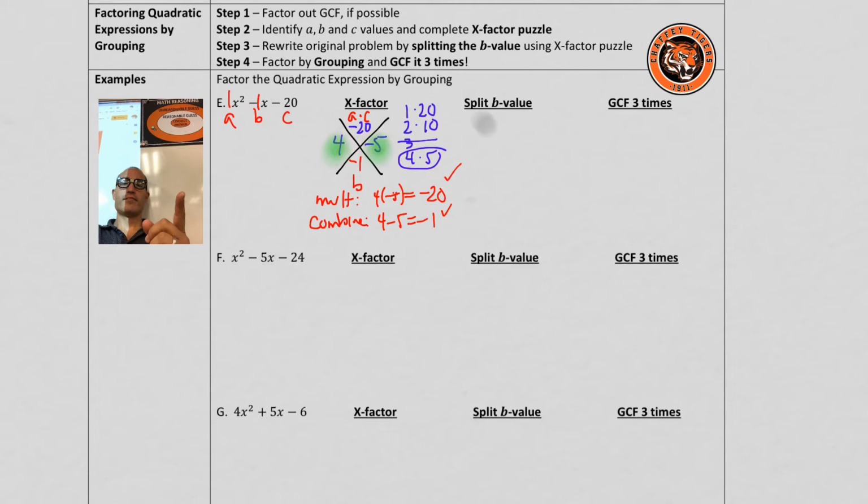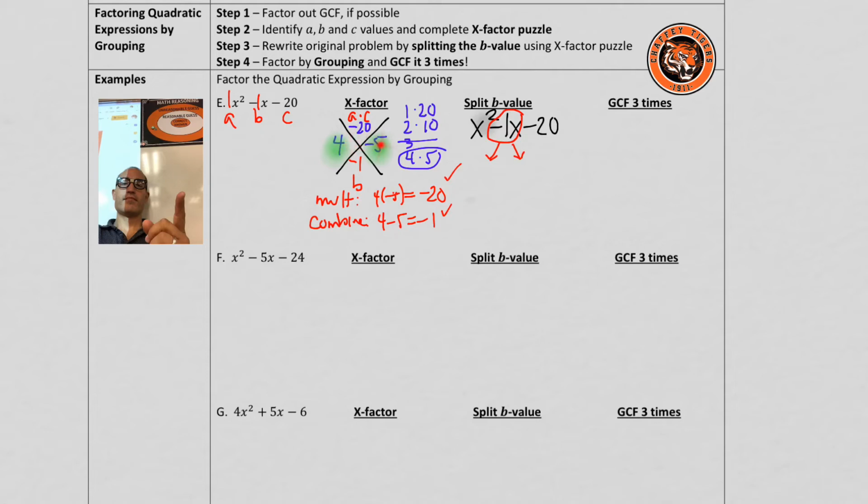So here's the original problem. Let me switch my function here. So x squared, this is the original question, minus 1x minus 20. The whole point of the x factor is to find a way to split this negative 1x into now 2 terms, which we just found to be 4x minus 5x.